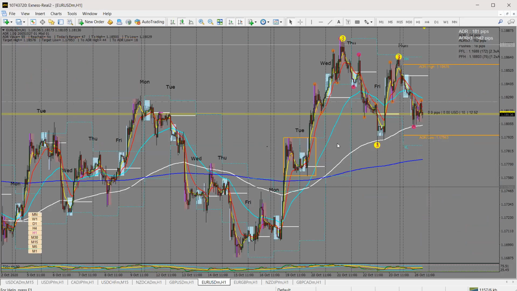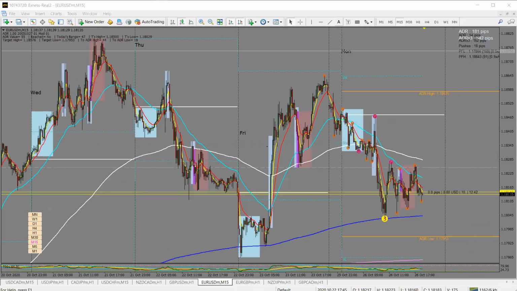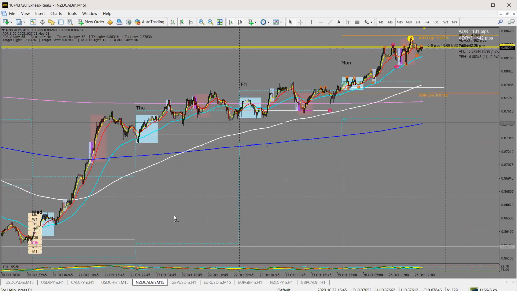Let's check this one and see if we can see something here. You can see right here, the type 2, right there, the type 1 of a London pattern. So I'm checking all this from a 15 minutes time frame because that's exactly where we check London patterns.